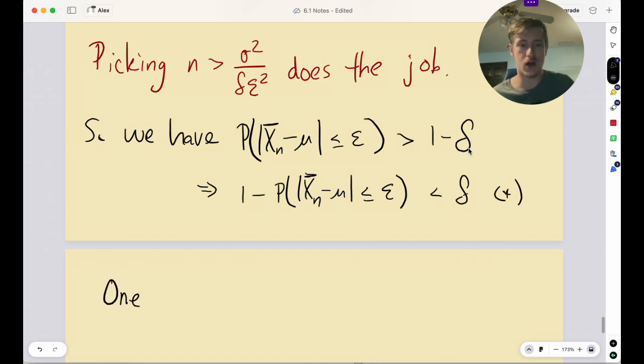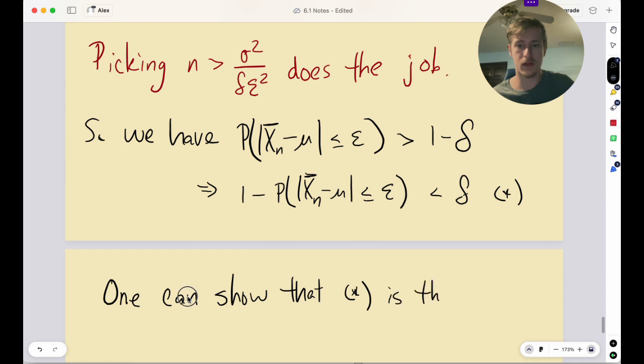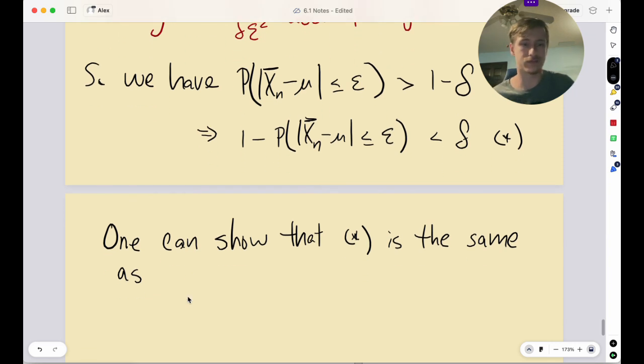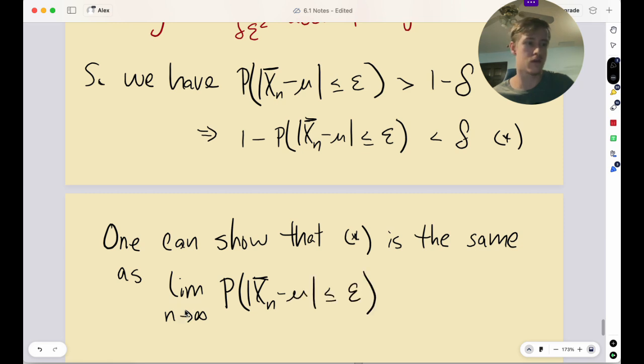So I'm just going to say one can show that star is the same as saying that the limit as n approaches infinity of the probability that xn bar minus mu is less than or equal to epsilon is equal to 1.